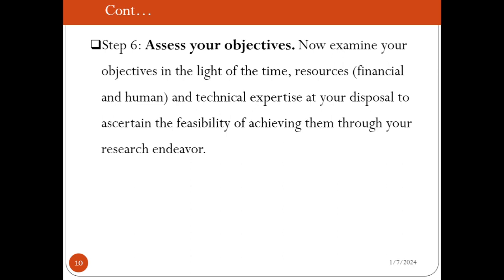Suppose that you have, for example, 1 month. Is it really possible to wind up everything within a month? And then, moreover, you are, for example, a student in the field of social science. Is it really possible to actually carry out this investigation with this aim, goal, and objectives? So these are all the things that you have to assess. You have to look again at these things.